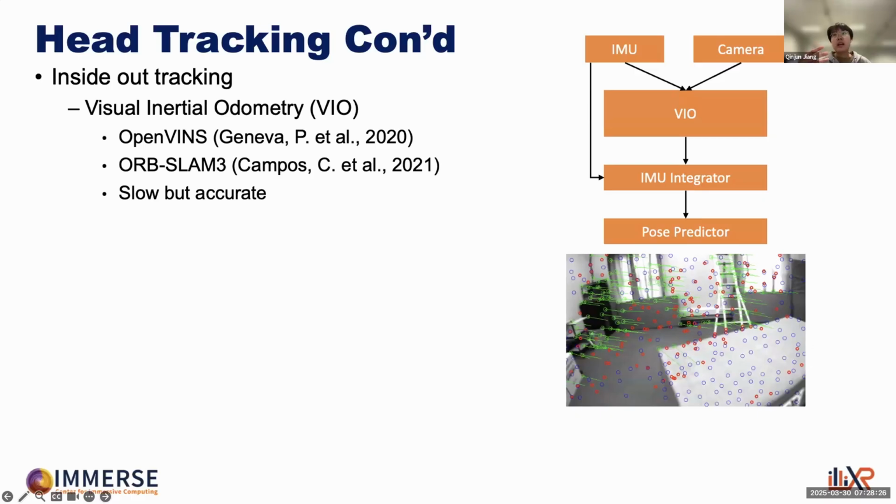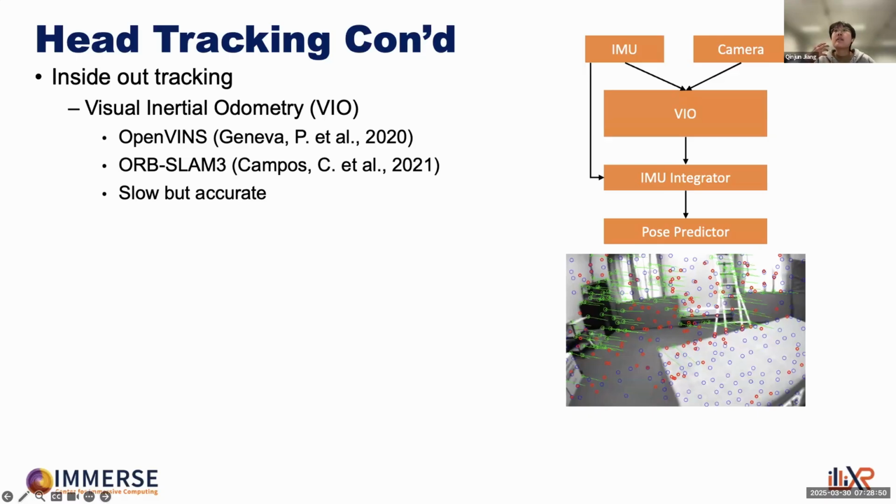And also the user's head can actually move pretty fast. So you can imagine that the user's perspective and point of view can change a lot in 33 milliseconds if the camera can only run at 30 FPS and the VIO is also running at 30 FPS.